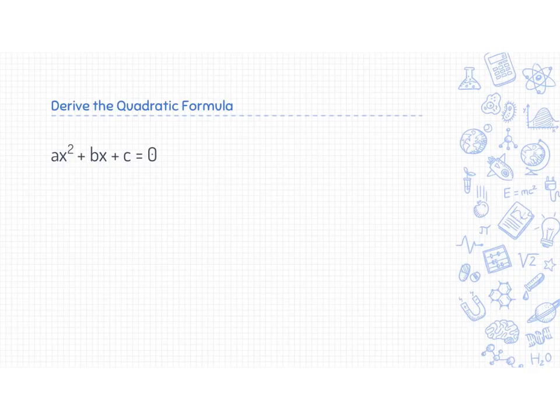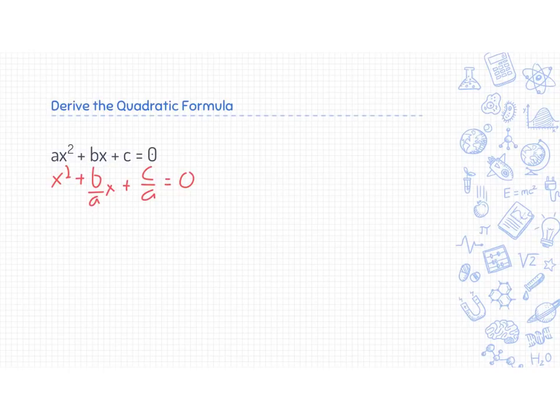So to start here, we're going to divide everything by a, which then gives us x squared plus b over a x plus c over a, and that equals 0. And from there, there's actually this process that we haven't quite learned yet, which is called completing the square. In that, there's a mini little formula that allows us to complete the square to make it easier to factor.